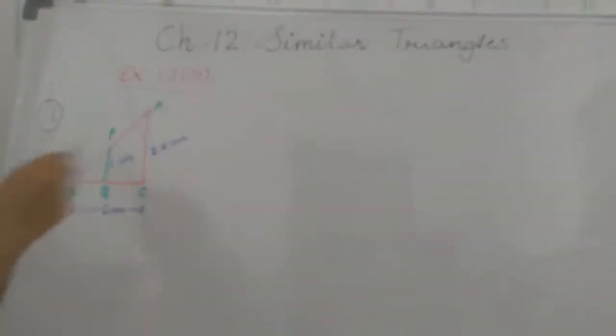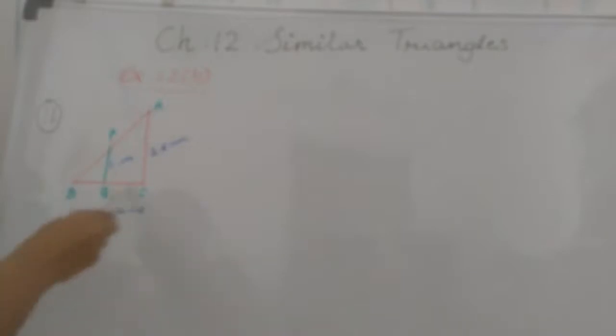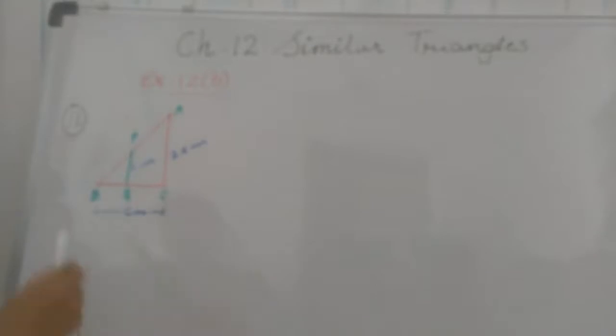You can see hypotenuse is AB, on AB we have point P, and from that point PQ is drawn parallel to AC, cutting BC at Q. So accordingly I have drawn the figure here, and AC is equal to 2.5, BC 6 centimeter and PQ 1 centimeter. Find BQ and BP values.